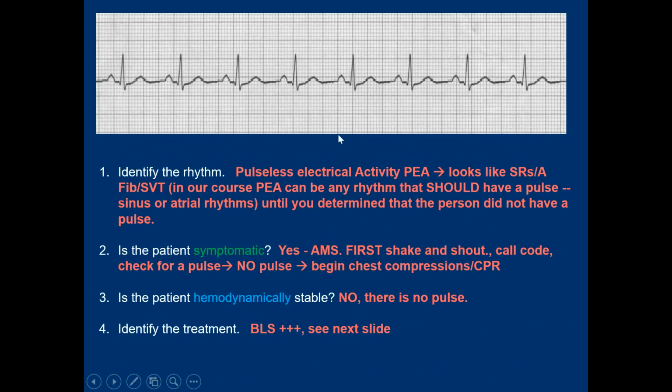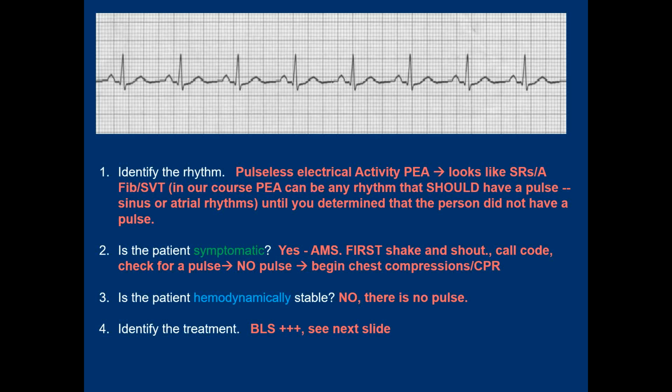Now let's look at this rhythm. And you can see, wow, this is super regular. I see a PQRST, PQRST for every single complex. But what happens if in the scenario you were told that this patient with this rhythm did not have a pulse? Now this rhythm becomes pulseless electrical activity.